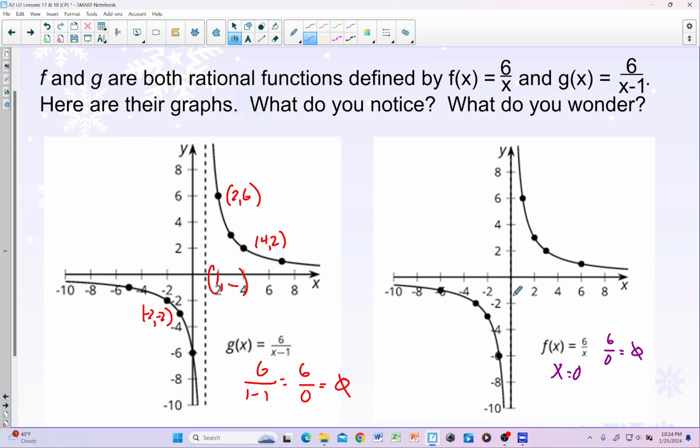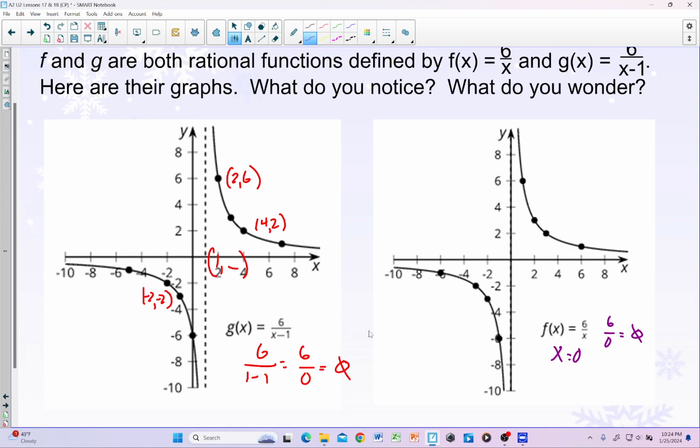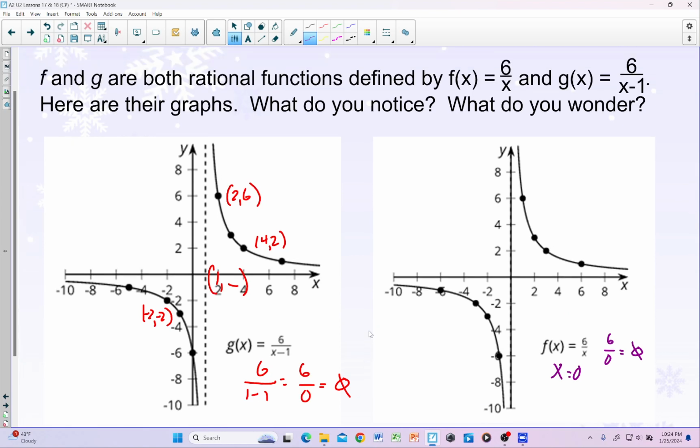And in this case, that's where the dotted line sits. The dotted line sits at 0, because for this function, plugging 0 in for x causes bad things to happen. So that's the main difference between these. And you're starting maybe to get a sense of how to find these vertical asymptotes.